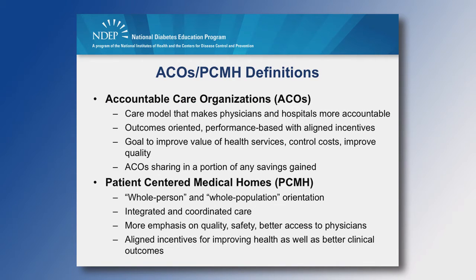Just as a very brief reminder, the ACOs are a model that makes physicians and hospitals more accountable, outcomes-oriented, performance-based, with the goal to improve the value of health services, control costs, and improve quality. Similarly, the patient-centered medical home is more about a primary care physician relationship and a whole person and whole population orientation, integrated and coordinated care, again aligning incentives around better clinical outcomes.